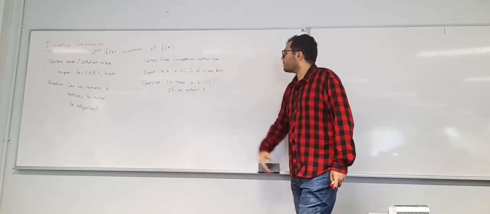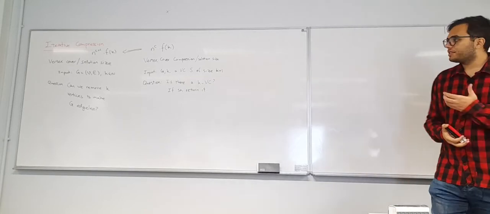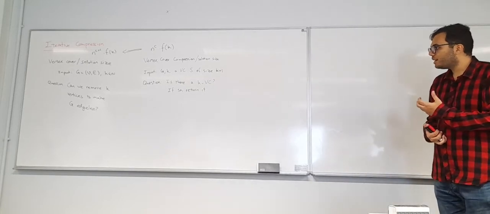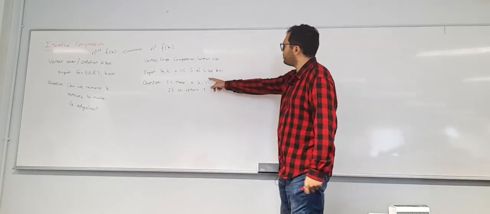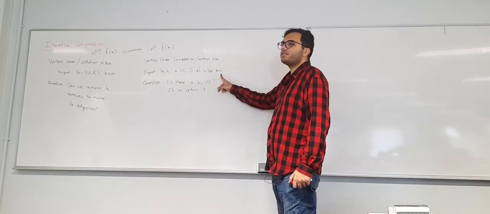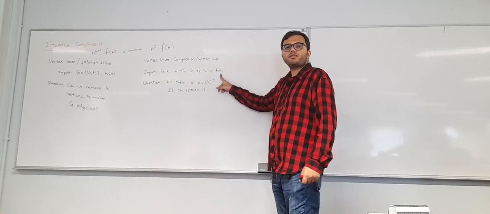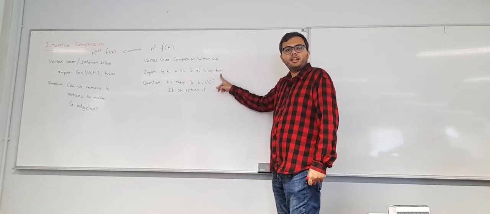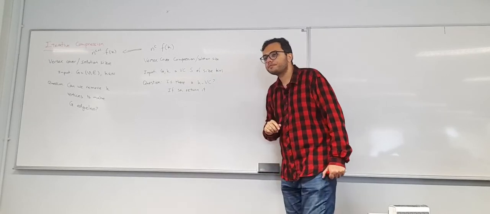How do I solve this one? So I'm given some graph, and I'm also given a vertex cover of this graph, but this vertex cover is a little bit larger than what I wanted it to be. It has one more vertex than what I liked. Can I find another vertex cover that has one fewer vertex?